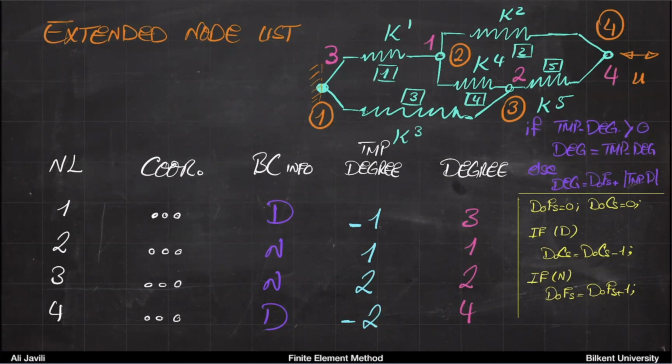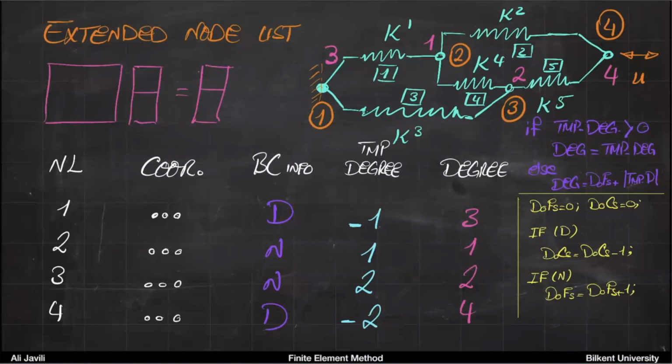Okay, and if you did that, then you end up with a system which looks like this. You would have KU equals F. Okay, I'm writing F on the right-hand side. It doesn't really matter. But you would now have a system which looks like this. Exactly the one that we wanted. So this would be your KU equals F system.